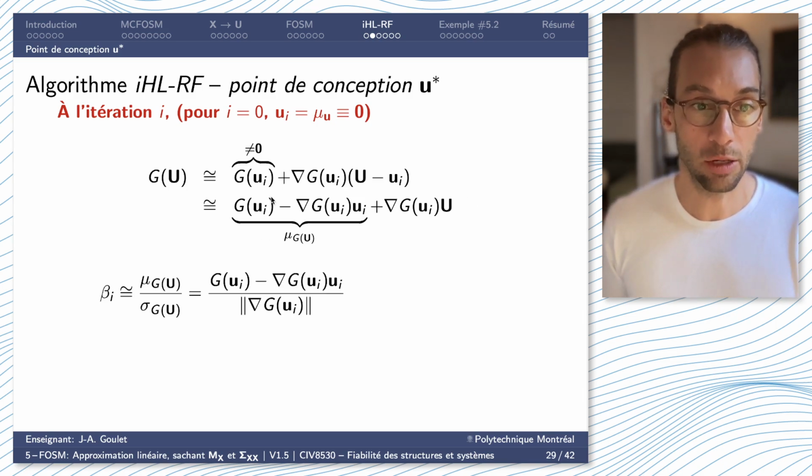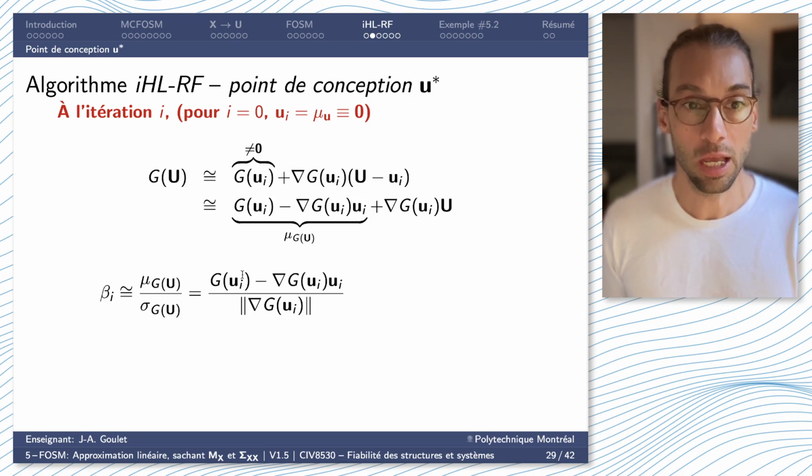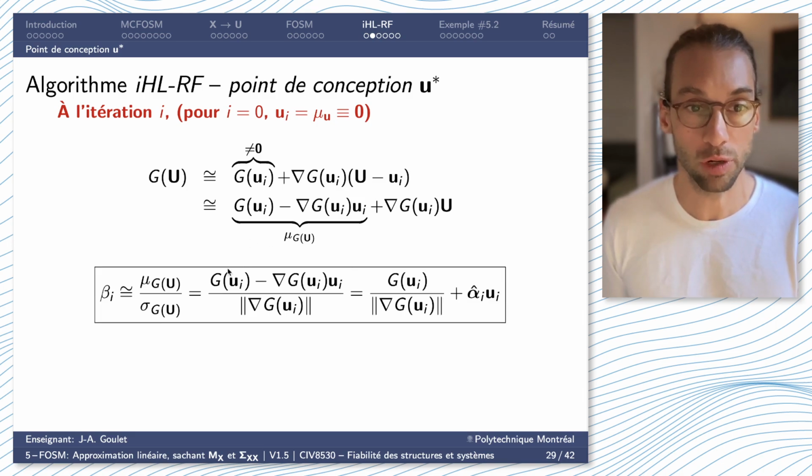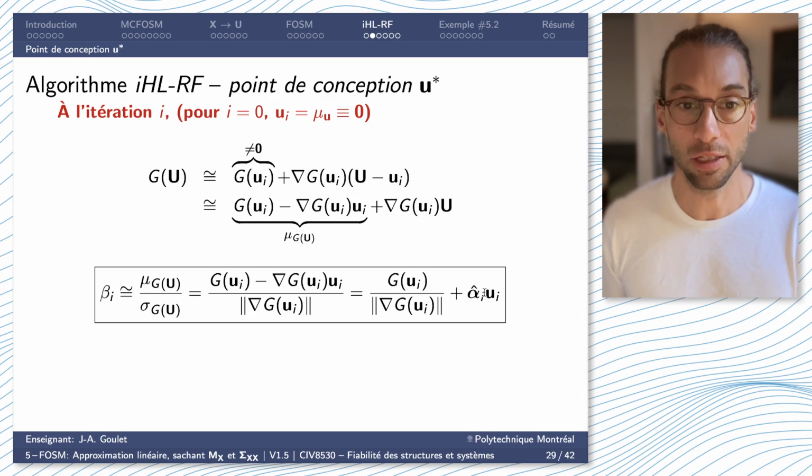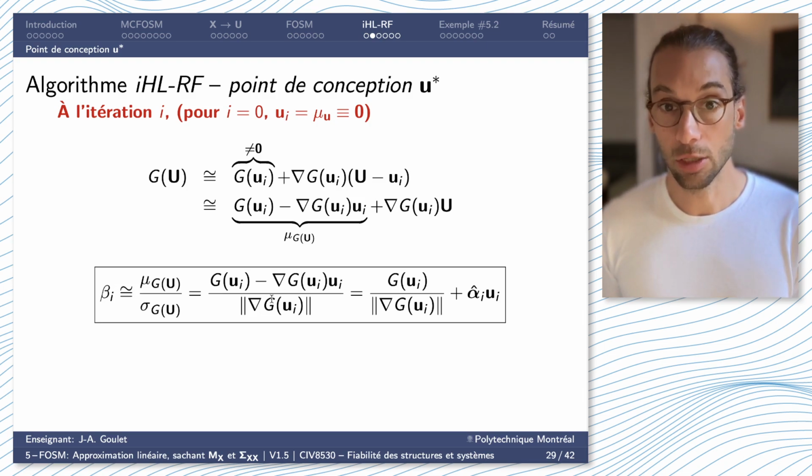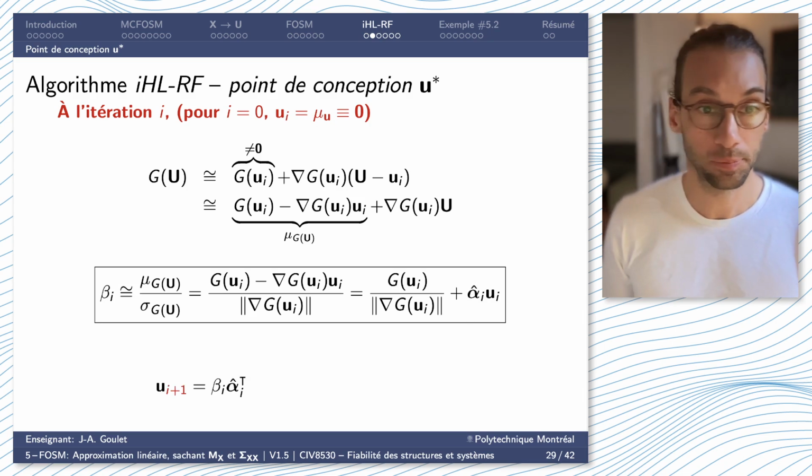So if we expand, knowing that the numerator for the mean is this term here, we can obtain this relation. If I then separate the denominator into two different terms, we're going to have the gradient divided by the norm of the gradient plus alpha times ui, because the gradient divided by its norm, so its length, is going to be the unit length vector alpha.